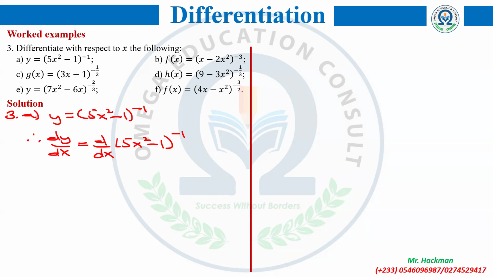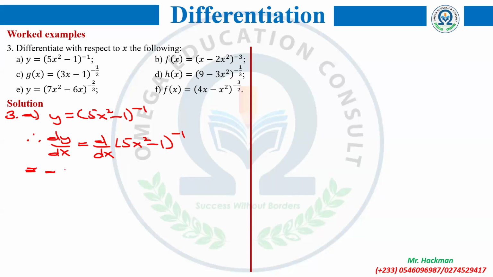Very good. So now the same rule. Don't stress yourself. My next step, I write close to the margin. Per the rule, I'm supposed to bring the exponent down, dealing with it the way I deal with the power rule. So minus 1 will come down. I'm writing it just for explanation purposes. Otherwise, if you are mature, you don't write it.